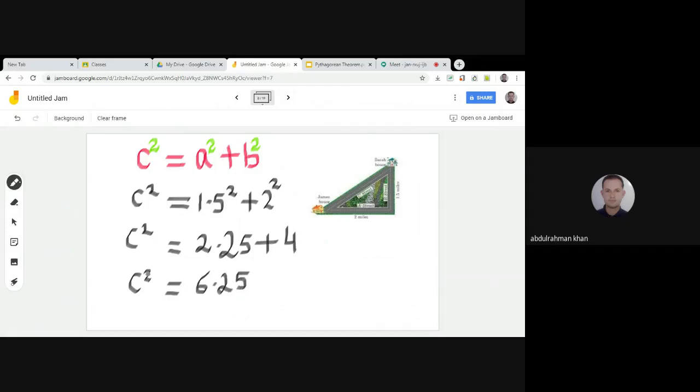But we want C, and here is the square, so just take the square root on both sides. The square root cancels with power 2, leaving C. And on the right side, the square root of 6.25 equals 2.5, so 2.5 miles.